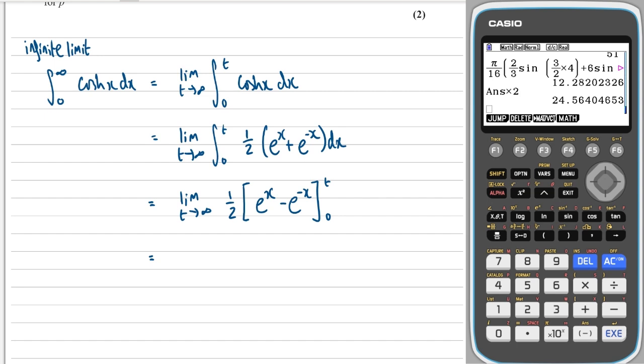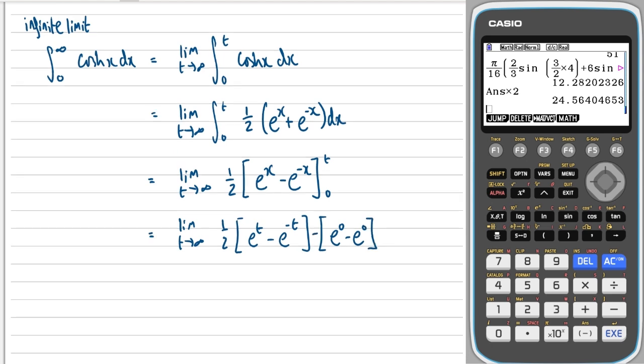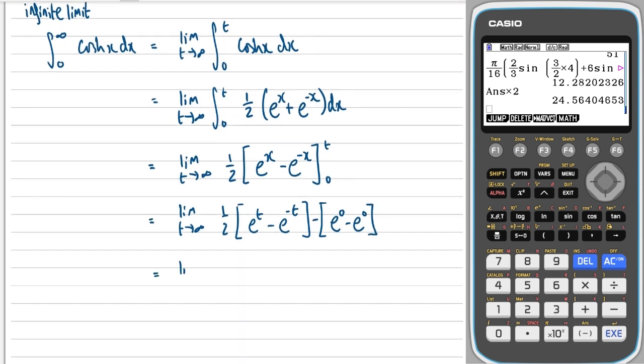We can sub in, so we're going to get 1/2 of (e to the t minus e to the minus t) minus (e to the 0 minus e to the 0), which is going to give us 1/2 e to the t minus 1/2 e to the minus t.